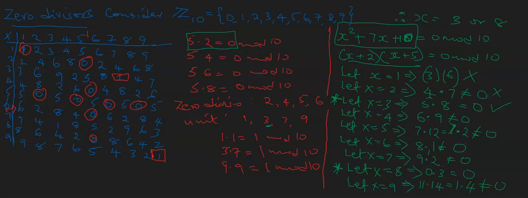X is 3 or x is 8. We have used the method of exhaustion. We have exhausted by checking all the elements in the ring, but note that it's kind of tedious. It takes time. Thank you.